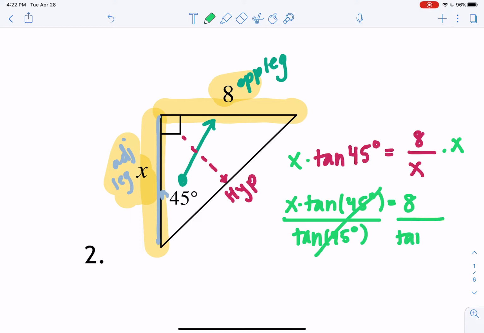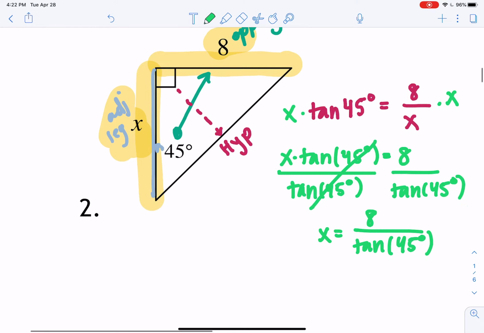What you do to one side, you have to do to the other. And we have x is equal to 8 divided by tangent of 45 degrees. This is where you would plug it into your calculator: 8 divided by tangent of 45. Make sure you remember the parentheses, and you should get x is equal to 8.